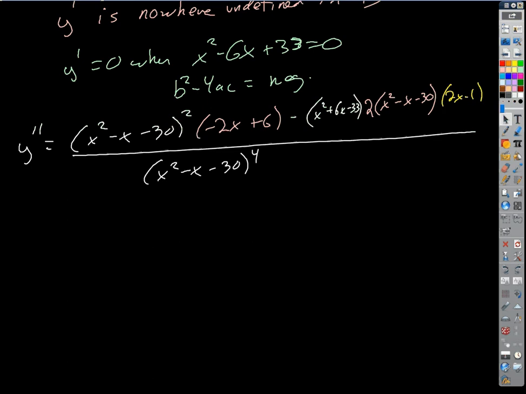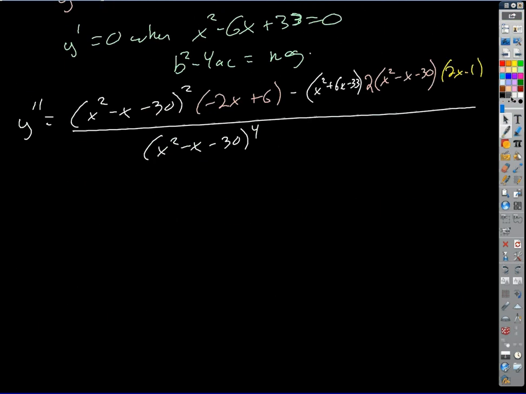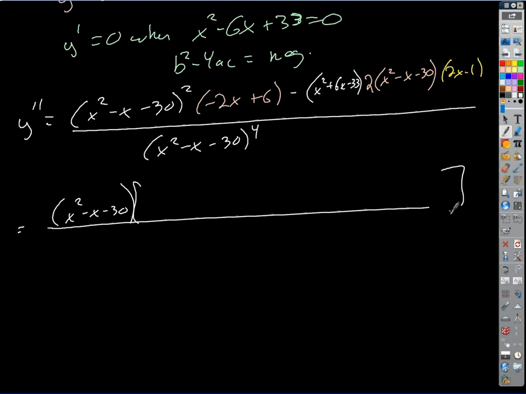Okay, so this is good practice. What can we do to simplify? You're going to take out an x squared minus x minus 30. Okay, good. I see like bases here. I've got a base to the 1 and a base to the 2, so I can factor out one of those, power of 1. So we can take out this guy. And then what are we left with?